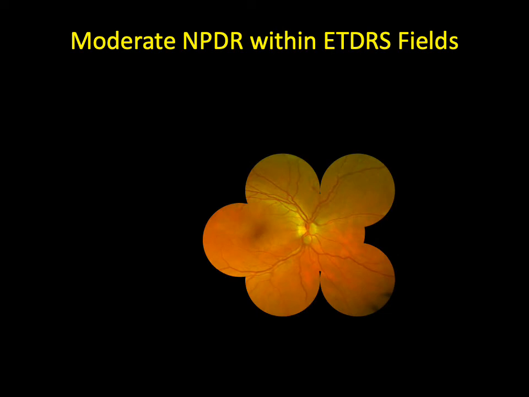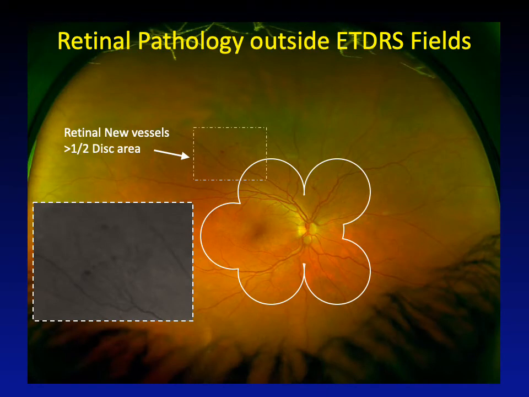This is an eye that was imaged using the 7 standard fields, and this eye was graded by the grader as having moderate non-proliferative diabetic retinopathy. But when we did the ultra-wide field imaging, there was actually new vascularization or NVEs present outside of the 7 standard fields, and it changed the grading of the diabetic retinopathy from moderate to proliferative or PDR.